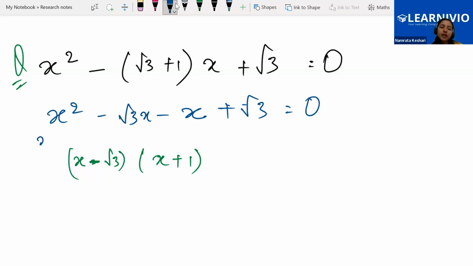From here x we can take out common, we will be left with x minus root 3. This was pretty simple. We didn't have to think about the splitting of the middle term. Everything was already arranged. Minus 1 we have taken out common. Can you see?